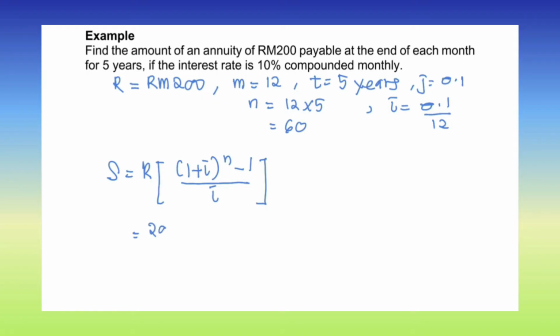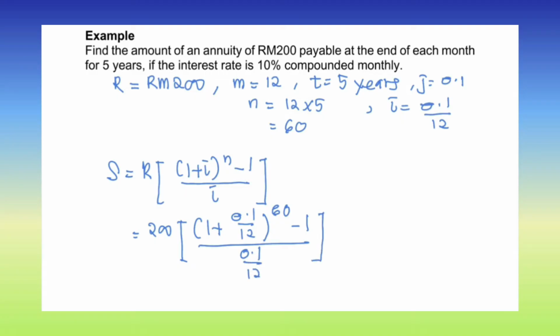We have 200 for R, 1 plus 0.1 over 12 to the power of 60, minus 1, divided by 0.1 over 12. So the answer will be RM15,487.41.